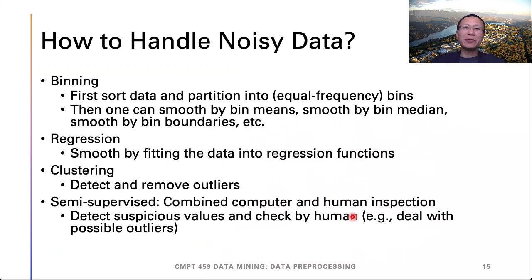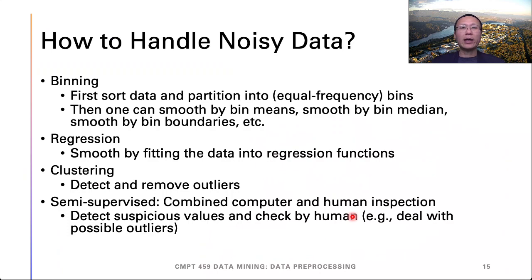There are several approaches. First, we can do binning. Binning means that we first sort data and partition data into bins. The bins can be organized in the equal frequency style, meaning each bin contains the same number of data records.